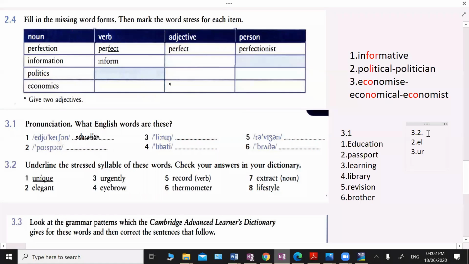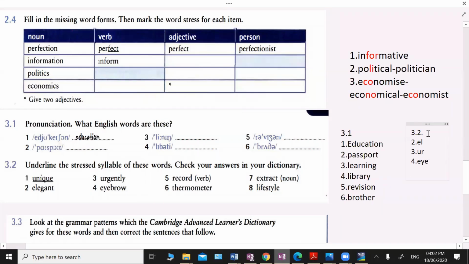Okay. Next one is number 4. The word is eyebrow, eyebrows. Yes, the stress is on eye.